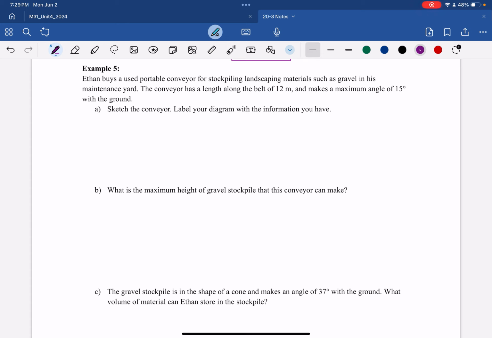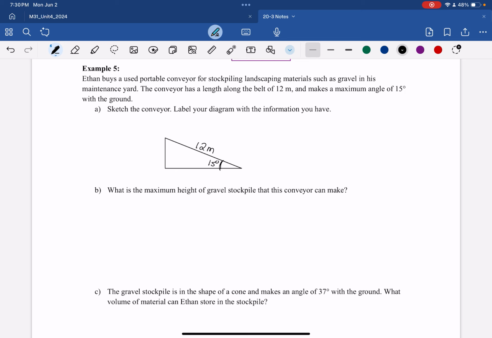The conveyor has a length of 12 meters and makes a maximum angle of 15 degrees with the ground. So we're going to sketch this out. If I have a conveyor belt, it's saying that the belt is 12 meters long, and that this maximum angle is 15 degrees.